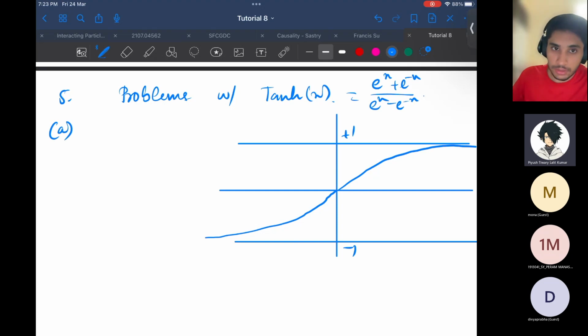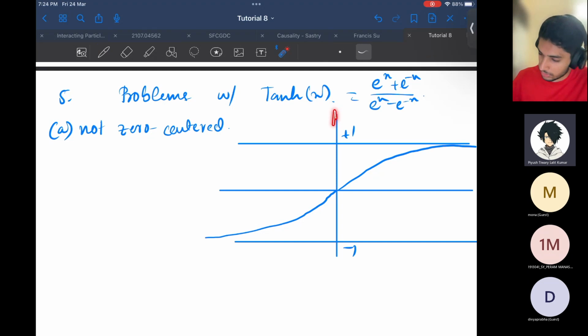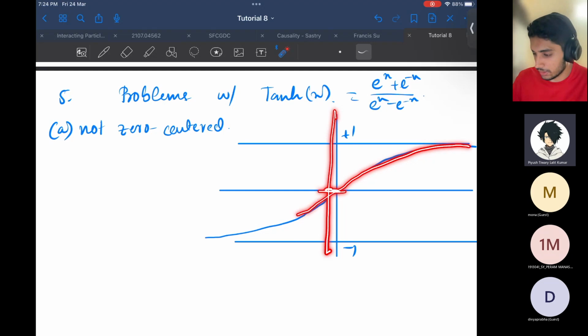What is the first option? It is not zero centered. What do we mean by zero centering? It means that on the y-axis, is it symmetric about zero? Well, it is, because the same part goes here, and in some sense a reflection goes here.